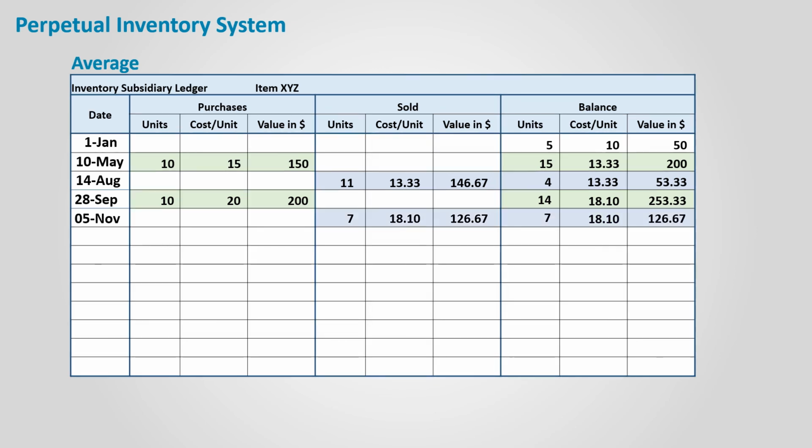So the value of the ending inventory is 7 units multiplied by $18.1 to be equal to $126.67. At the end of the period, the cost of goods sold is calculated by adding all of the value column under the sold section, which is equal to $273.33. The ending inventory represents the last figure in the balance section, so it is equal to $126.67.